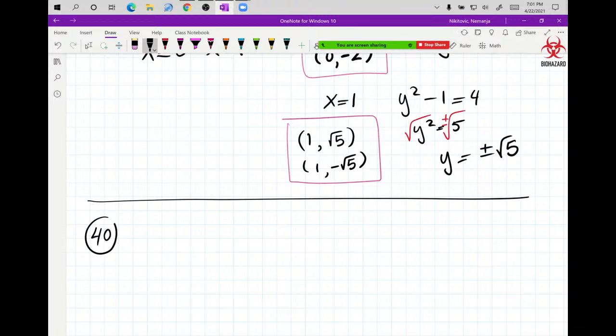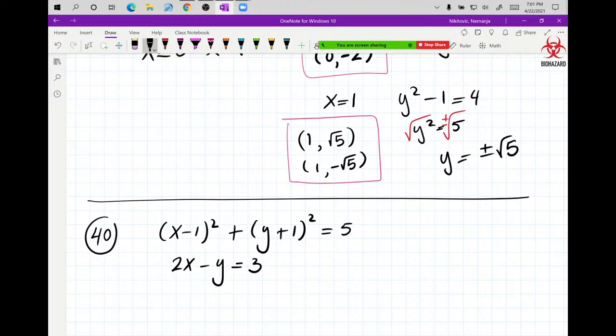X minus 1 squared plus y plus 1 squared equals 5, and 2x minus y equals 3. So x minus 1, y plus 1, and the 5, 2x minus y equals 3. All right.